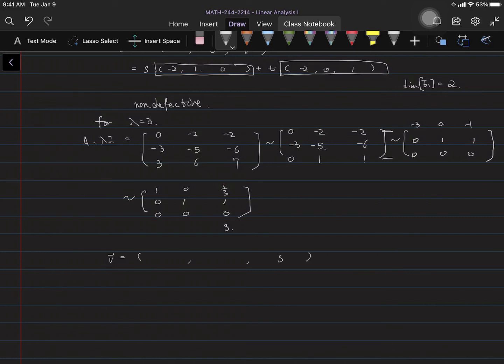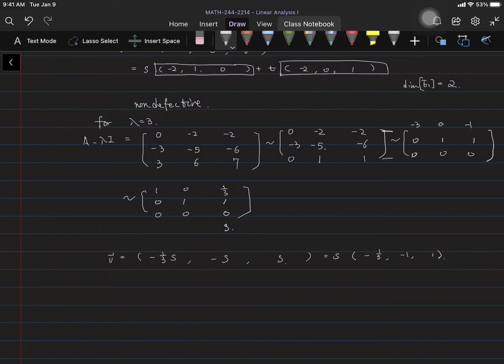The last one is free, s, and the second component should be -s, and the first one should be -1/3 s, right? And then when we take s out, that becomes -1/3, -1, and 1.